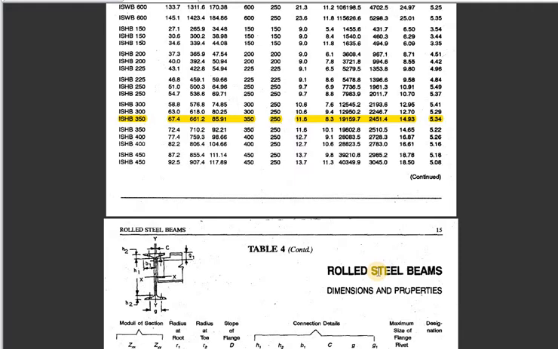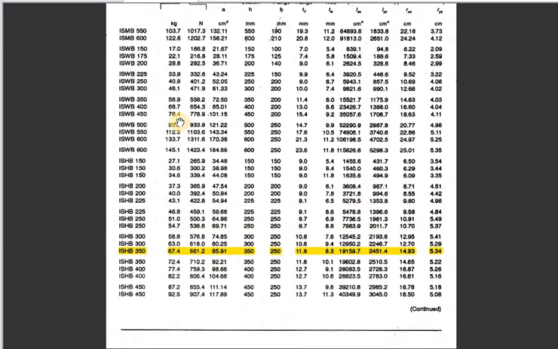I am referring to the steel table for ISHB 350. There are two types of ISHB 350: one is 67.4, and the next is 72.4. But in my question it has been given as ISHB 350, so we have to use 67.4. Here it has been given in centimeters.